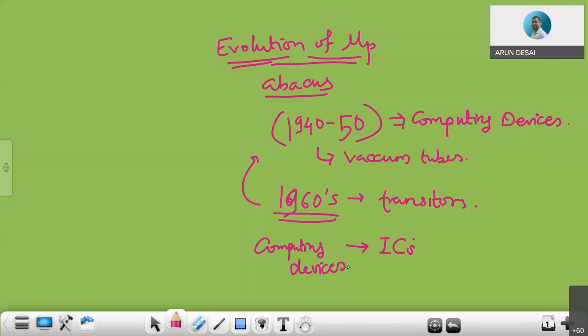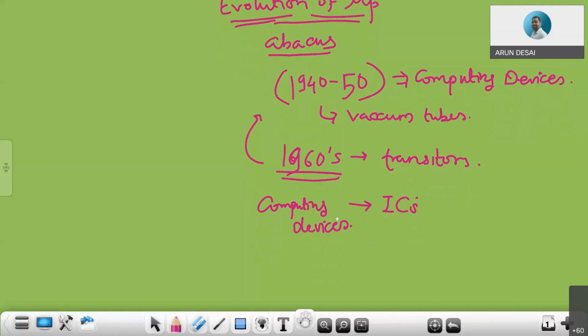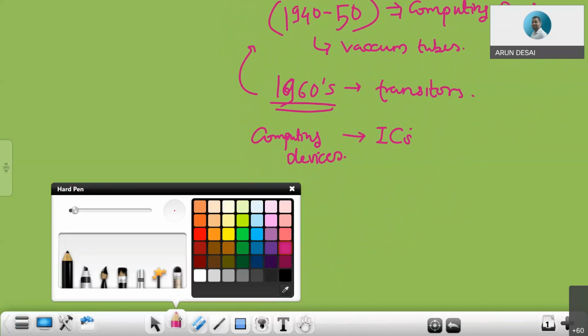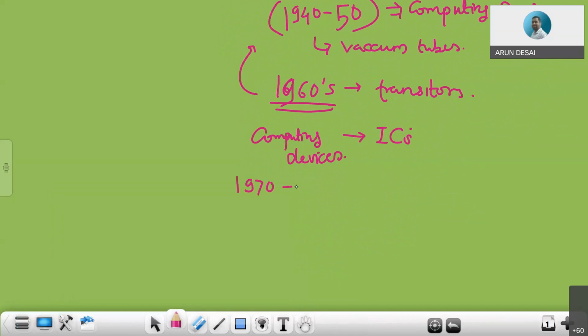So in 1970, or you can say in 71, to be specific, Intel came up with the 4004 processor, right. In 1971, Intel came up with the 4004 microprocessor, the first microprocessor, and it is a 4-bit microprocessor, right. त्याची वर्ड साईज असेल, लोकेशन्स असतील, हे सगळं 4-bit होतं.